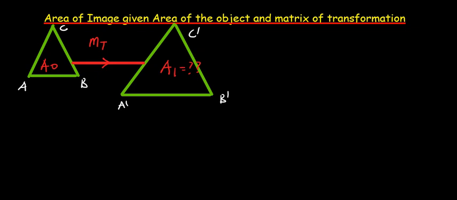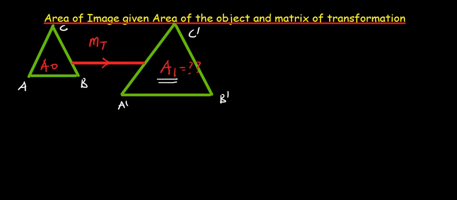On our screen we have triangle ABC with known area A0 mapped onto a triangle with vertices A prime, B prime, C prime with an unknown area by matrix of transformation MT. The question is, how are we going to obtain A1?